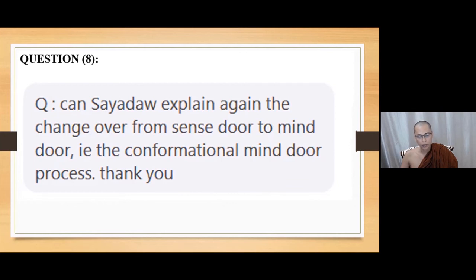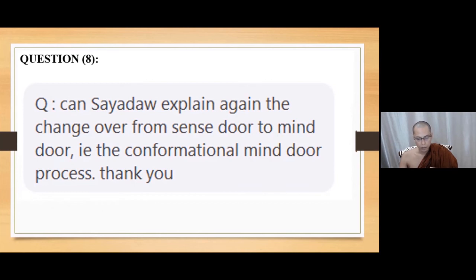Only when the process of the 5 physical doors, such as the eye door process, arises and finishes, at that moment the conformational mind door process arises. So we can say that it is just a mind door process, but the relationship between the former eye door process and the following conformational mind door process is that they are taking the same object.